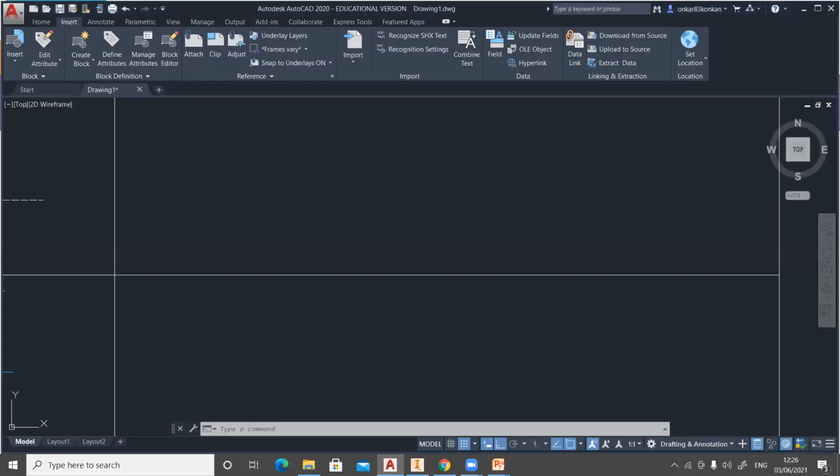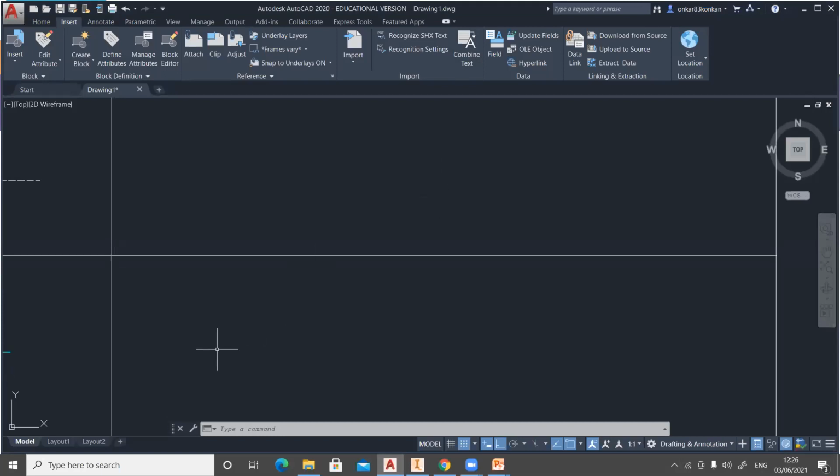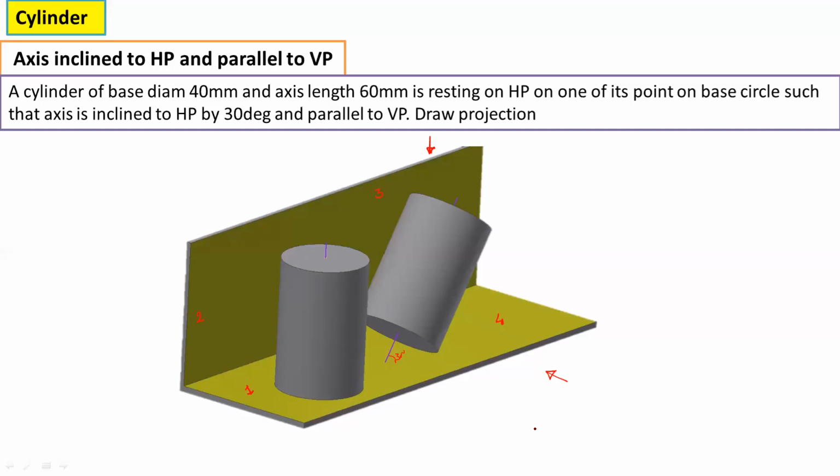Now, to start the projection, we have to first draw the top view in the first stage. The top view of that cylinder will be just a circle. You can observe here, in this first stage, the top view will be a circle, that is, a true shape. The circle diameter is given as 40 mm.